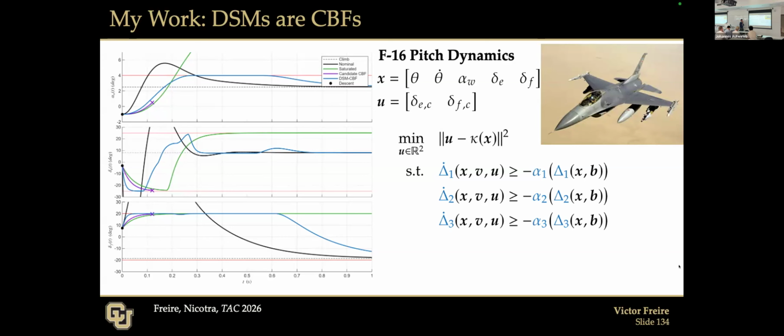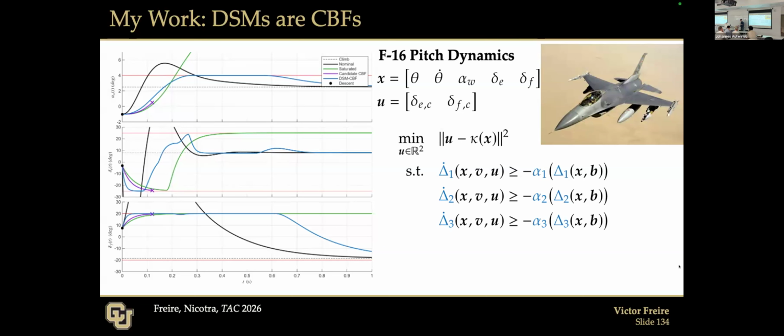If I'm understanding the question right, you're saying that in aerospace, the controller involves sometimes a pseudo-inverse approach, and that gives you a nominal controller for the performance that you want. You can lump all of that information into this kappa of x and then put this on top to enforce the safety.